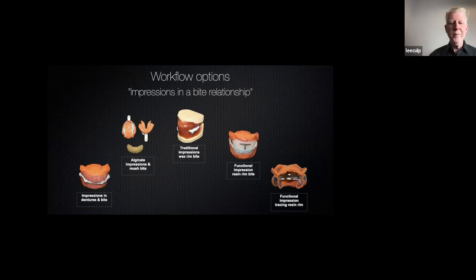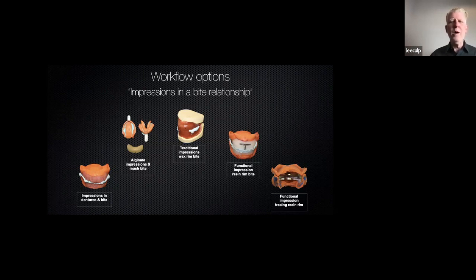We start copying. We can do mush bites. I mean, if you really want to go back in time a little bit, impressions and just bites, traditional wax rims we can do, or digital wax rims, functional impressions, and then functional impression with Gothic arch tracing. So all kinds of ways to enter the digital denture.